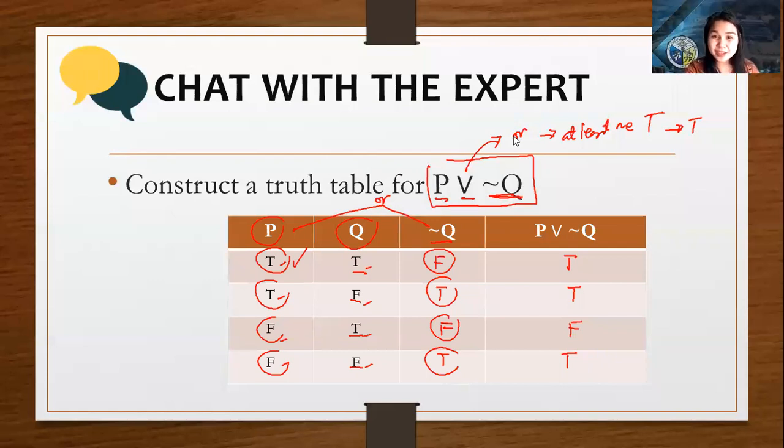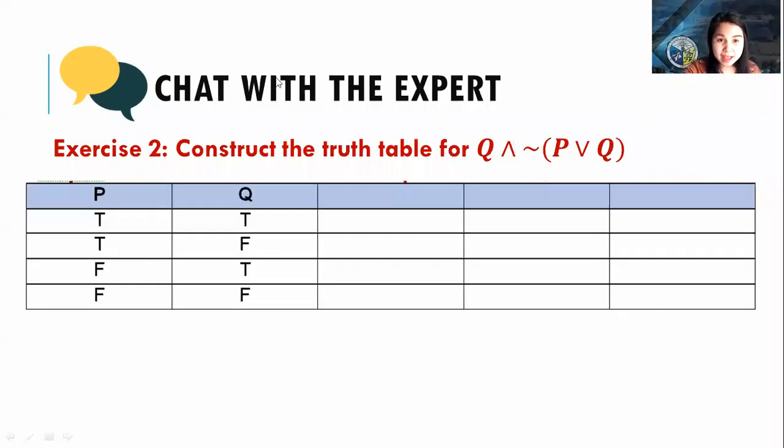Let's go to the second one. I only have five examples. In the next one, we have Q and not P or Q. So we can make it here. We can start with P or Q, the one inside the parentheses.